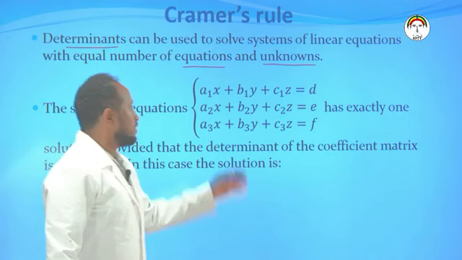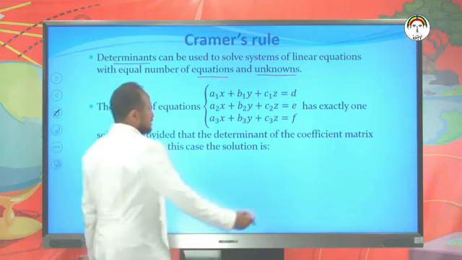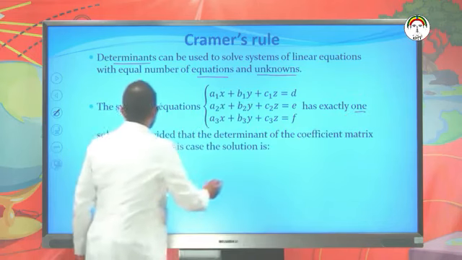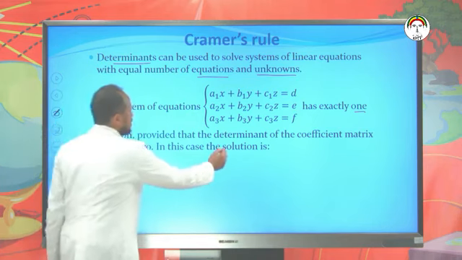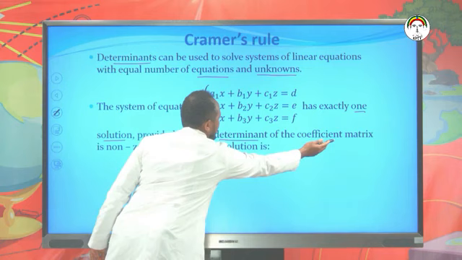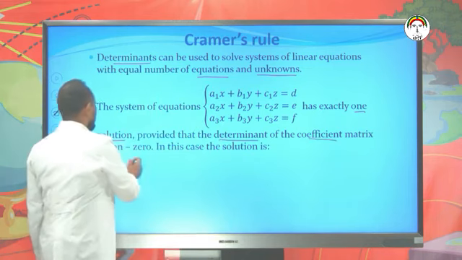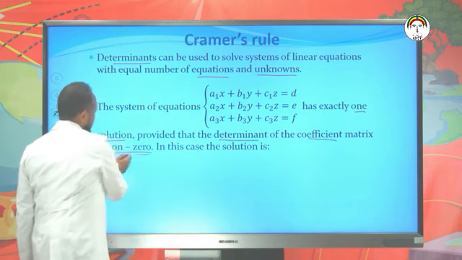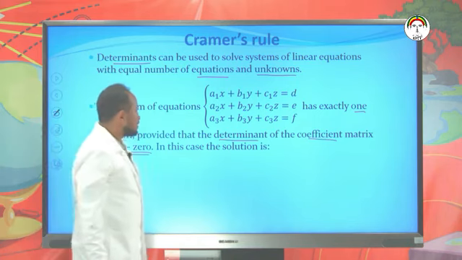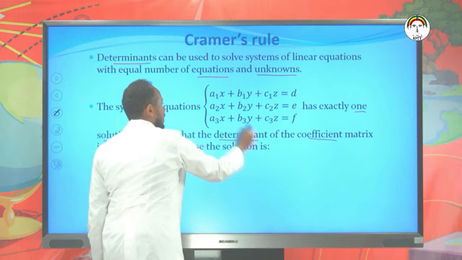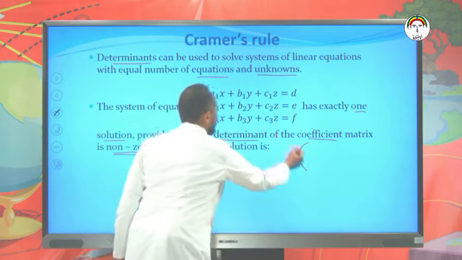This system of equations has exactly one solution, provided that the determinant of the coefficient matrix is different from 0, or non-zero.